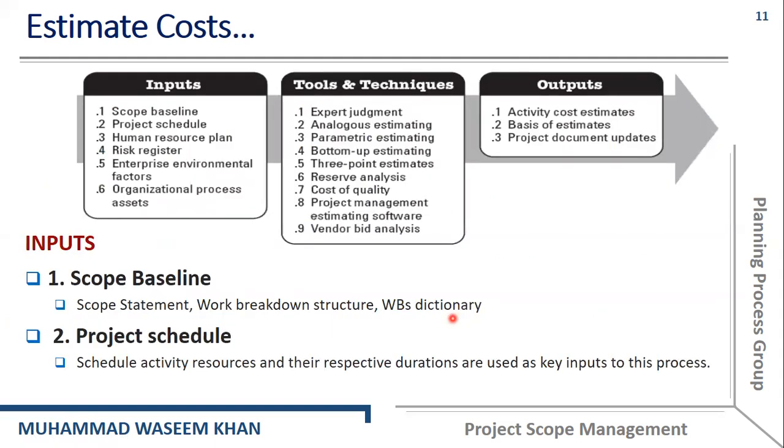Then we have some inputs, tools and techniques, and outputs in the estimate cost process. The input includes the scope baseline, that includes the scope statement, work breakdown structure, and work breakdown structure dictionary, as we have discussed earlier in the scope management chapter. Then we have another input, that is the project schedule, and schedule activity resources and their respective durations are used as key input to this process.